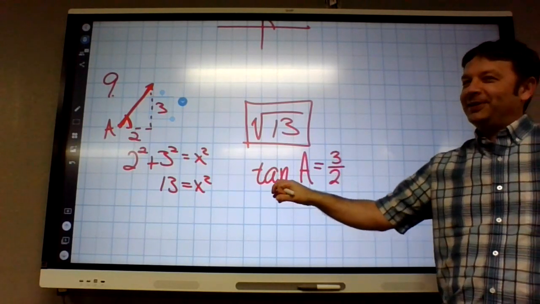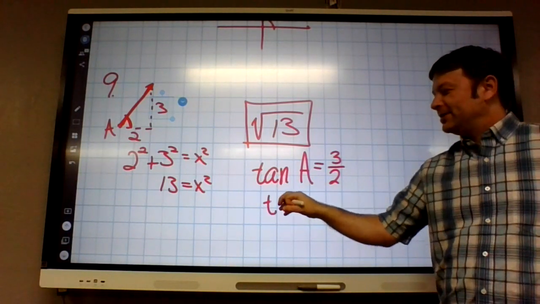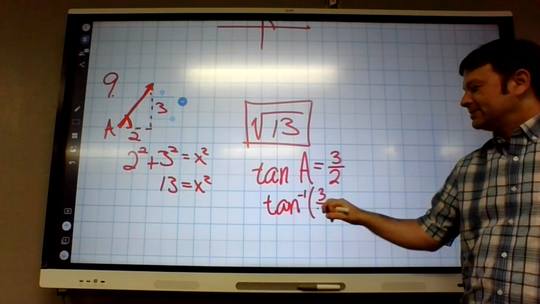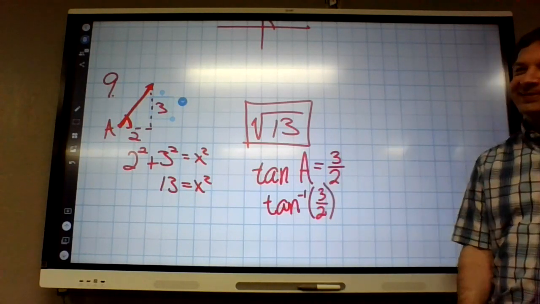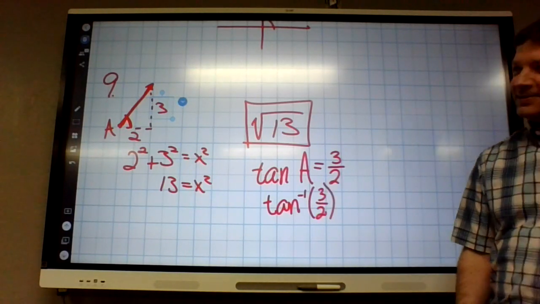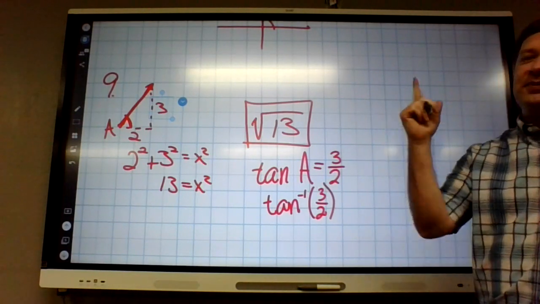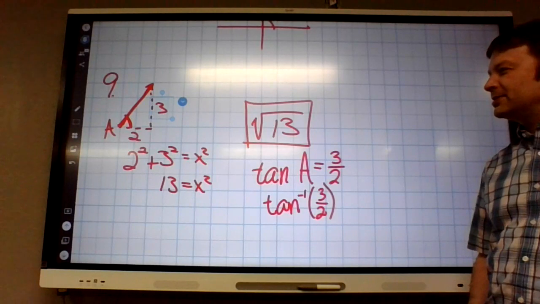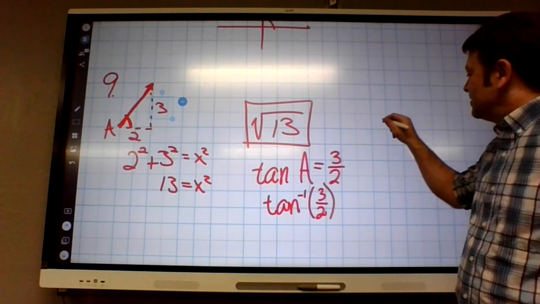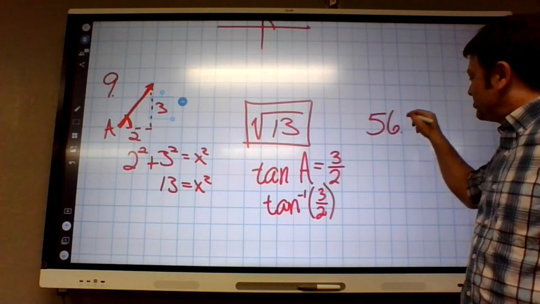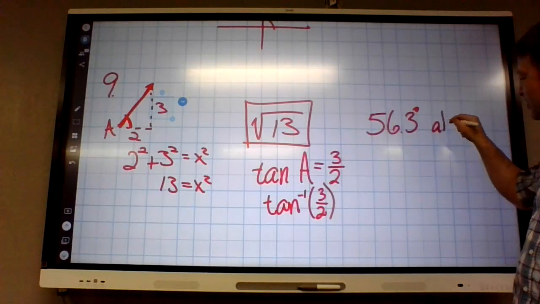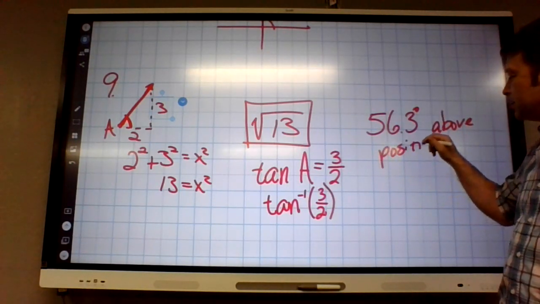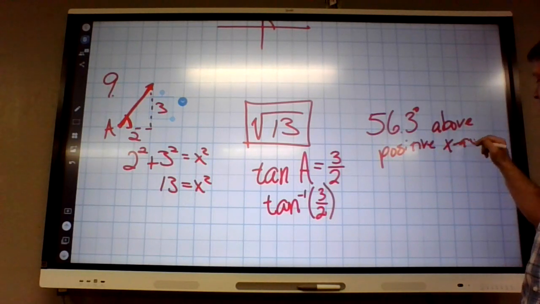So we're going to plug in tangent inverse of 3/2. Oh yeah, this was my example from before. So it's 56.3 degrees above the positive x-axis.